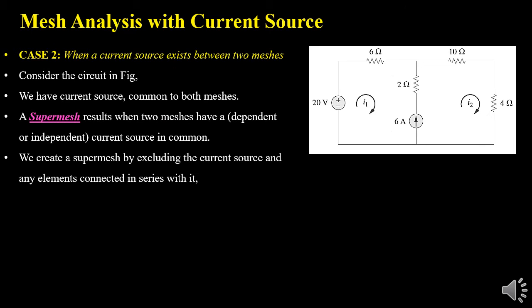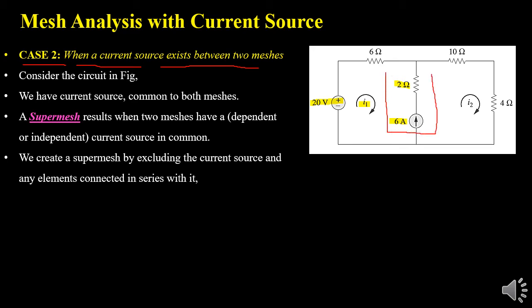Now the second possibility for a current source is that it exists between two meshes, or is shared by two meshes. For better understanding, look at the example given in the figure. In this we have one voltage source with a value of 20 volt and two meshes, and we have a resistor in series with a current source of 6 ampere, and these are common between mesh 1 and mesh 2.